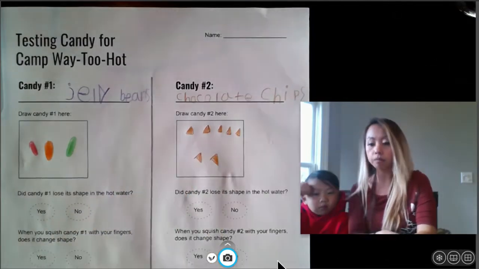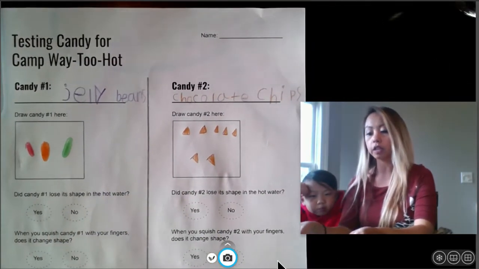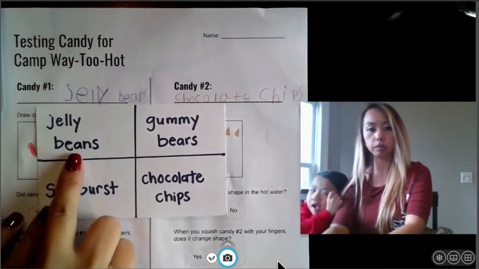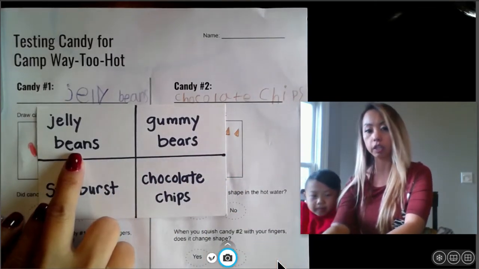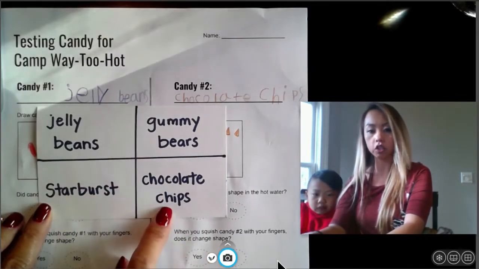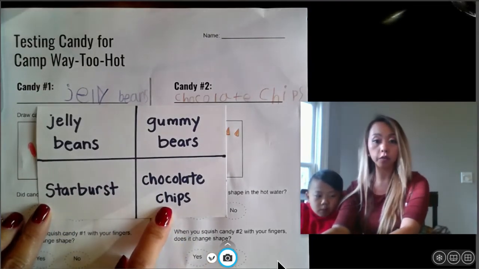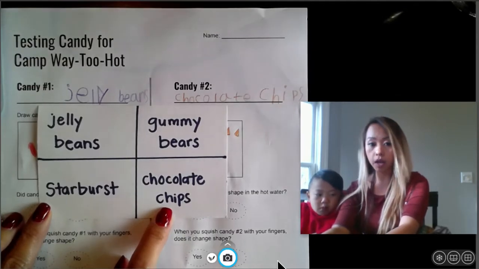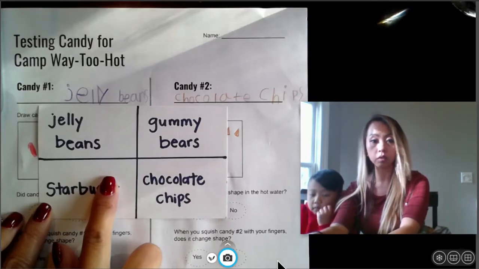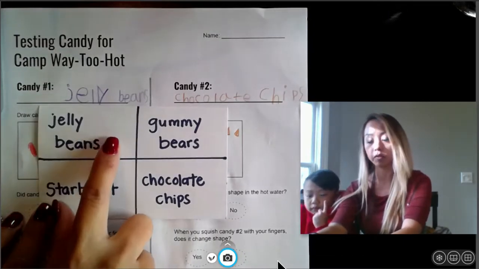did already. Make a drawing of what you would like to make an observation on. I have the words right here. Jelly beans, if you're thinking you want to look at jelly beans, gummy bears, Starburst, and chocolate chip. We are going to look at all 4 of them, so it's okay if you make a decision and you picked 2 different ones and you still really want to make an observation about the others.